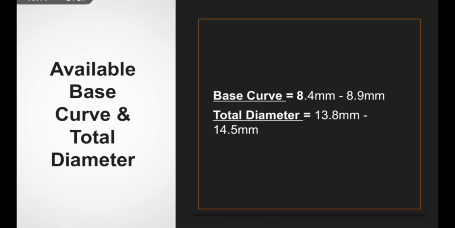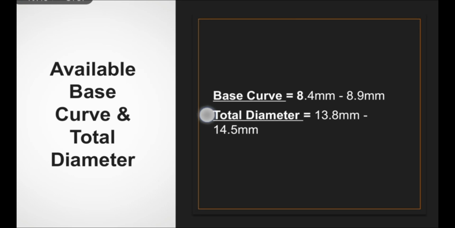And as for the available base curves and total diameters: base curves are available from 8.4 millimeter to 8.9 millimeter in soft contact lenses, and available total diameters are 13.8 millimeters to 14.5 millimeters. So suppose you get a total diameter of about 15 millimeter for a patient, you can choose the closely related number, 14.5 millimeter.